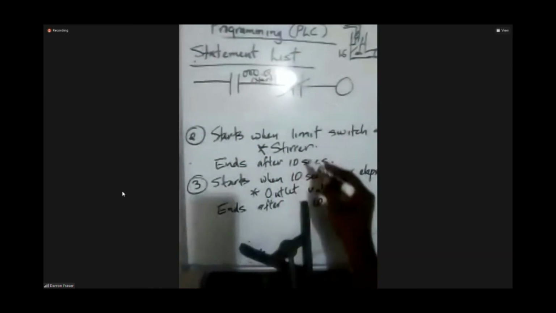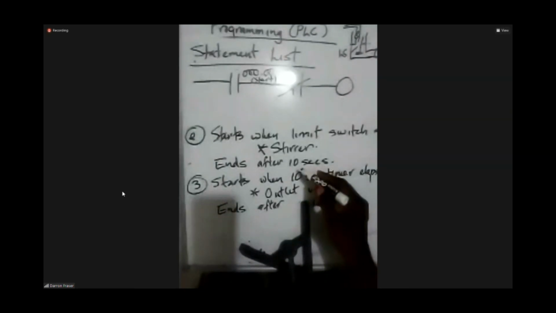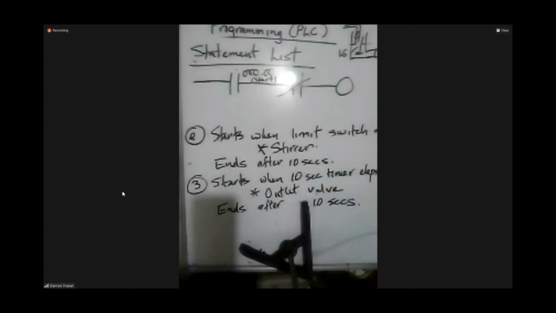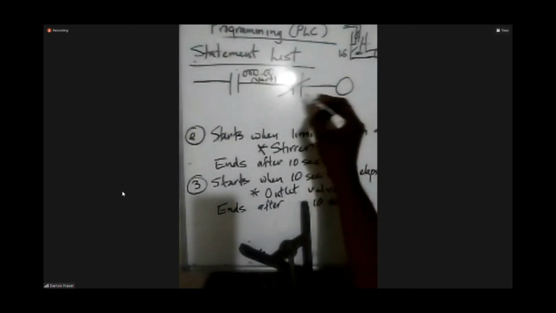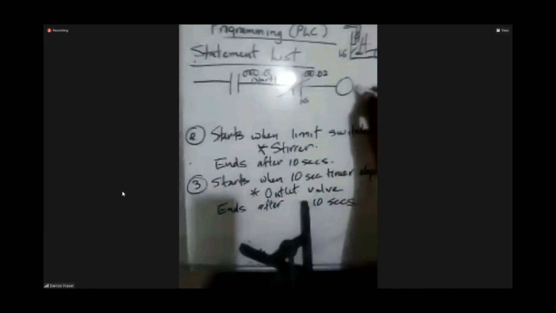So this is my start. When does it end? First line, the limit switch, sir. So the limit switch is 000.02. And what is started?